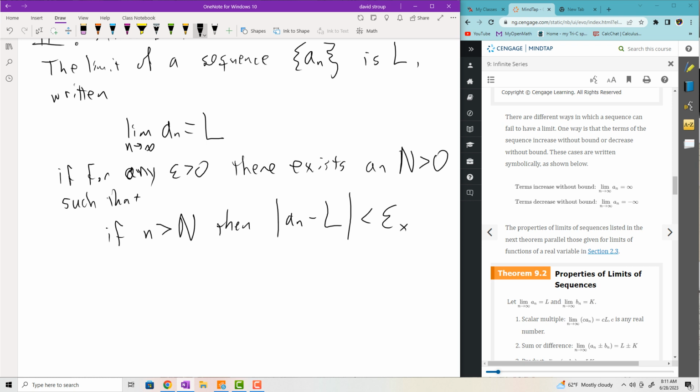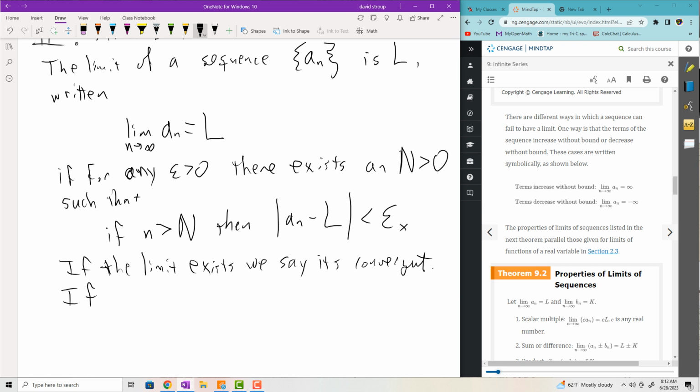If the limit exists, we say it converges. So if the limit exists, we say it's convergent. And that is the same term that we saw with the improper integrals.